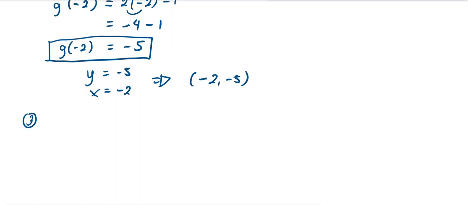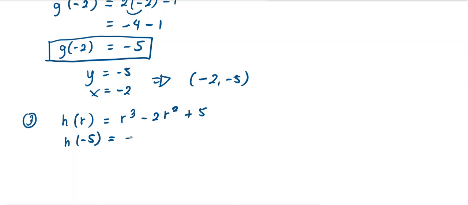This is example 3. We're still evaluating, but this time we are evaluating h of r. Okay, and the equation is r cubed minus 2r squared plus 5. We're evaluating h of r with that equation when r is equal to -5.